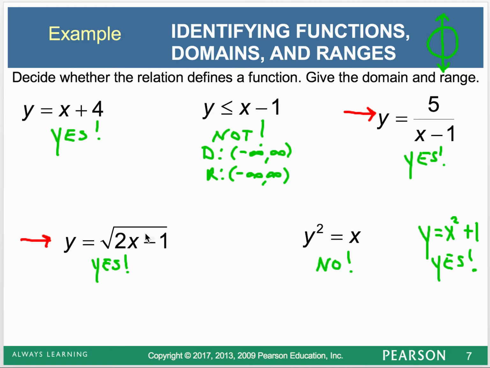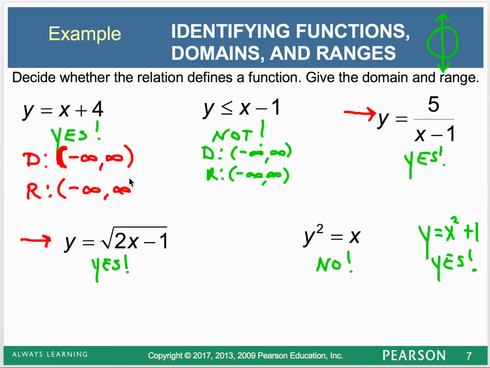Okay, so everything else, as soon as we see, is this a function? Yeah, it is. Oh, well then, as long as I don't have a variable in a denominator or under a radical, my domain and range are all real numbers, right? Which is negative infinity to infinity. Okay, so domain and range, all real numbers.